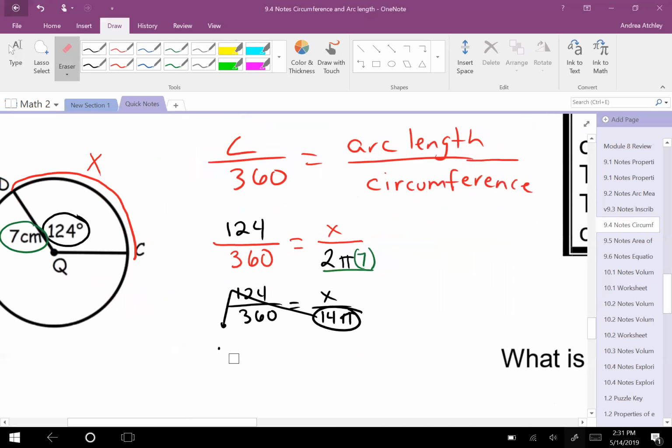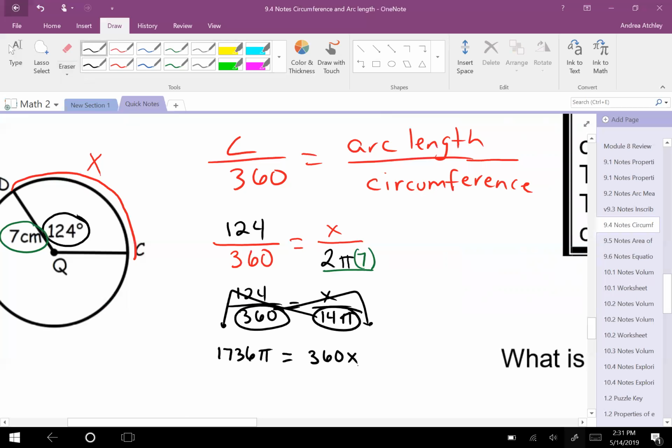I'm just going to multiply the 14 times 124 and get 1,736 pi equals 360 times x, which is just 360x.